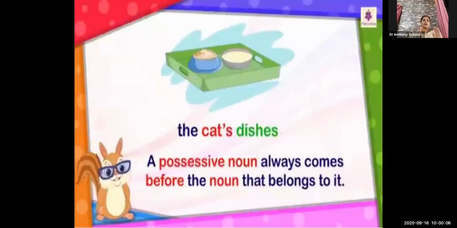So have you understood what a possessive noun is? When we show the ownership, when we put an apostrophe to that word, the word itself is a possessive noun. Wherever you see the apostrophe next to the word or the noun, that is a possessive noun. What type of noun will it be? It will be a possessive noun.